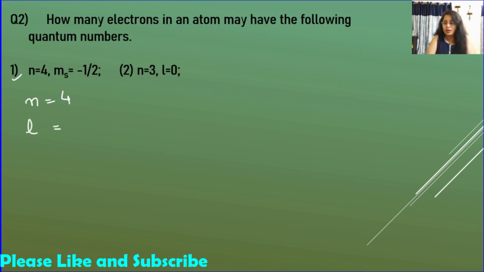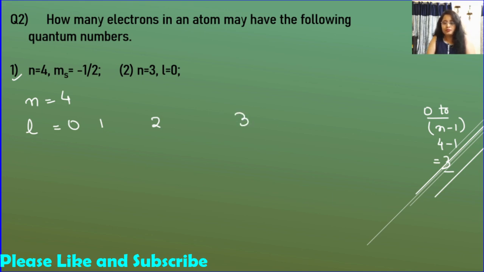We learned that L is 0 to n minus 1. Here n is 4, so 4 minus 1 is 3. So we will write from 0 to 3: 0, then 1, then 2, and then 3.